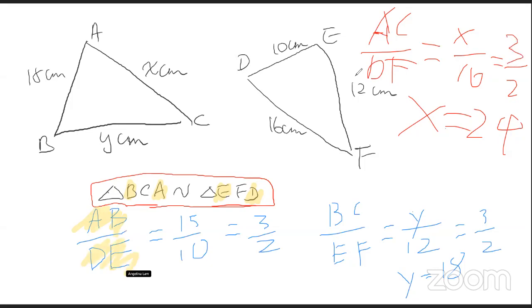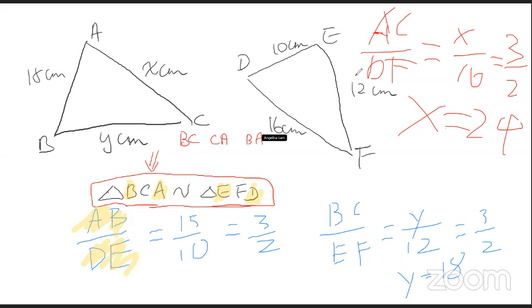Okay, AB and ED. Because all the sides should be in proportion for similar triangles, which means they are the same shape but different size, for this triangle I have the length BC, the length CA, and the length BA.